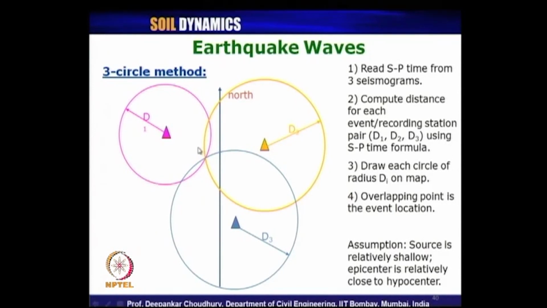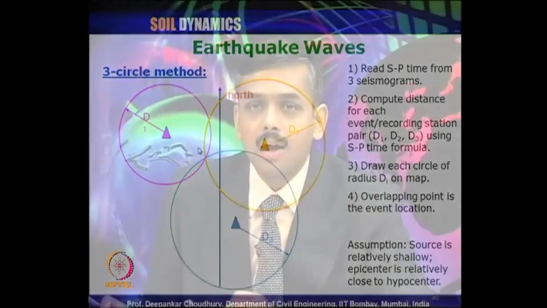If not, at least we get some idea of where the earthquake has occurred. So, this is the way worldwide seismic recording stations are used to locate the epicenter of an earthquake.